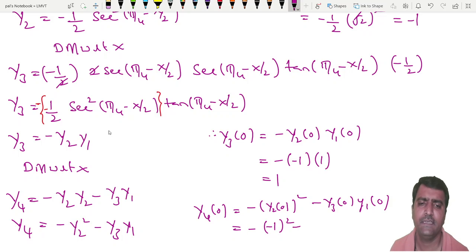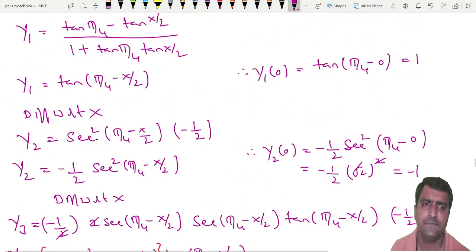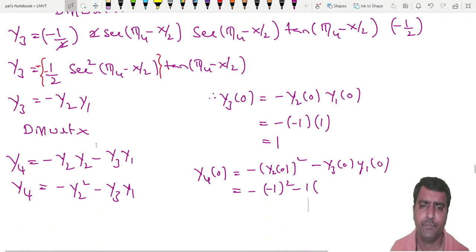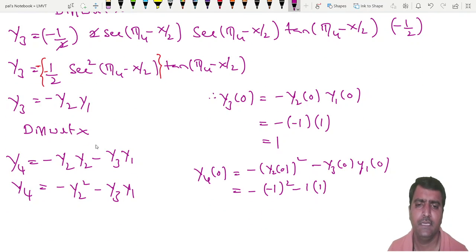Minus 1 square minus y3 of 0, y3 of 0 is plus 1, into y1 of 0. You see that y1 of 0 is plus 1. So this is minus 1, which is minus 2. Don't think this is plus 1, because minus 1 whole square is plus 1. Plus 1 into minus 1 is minus 1, minus 2. y4 of 0 is minus 2.